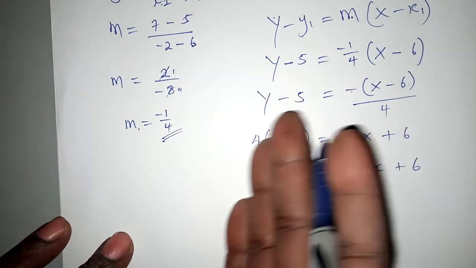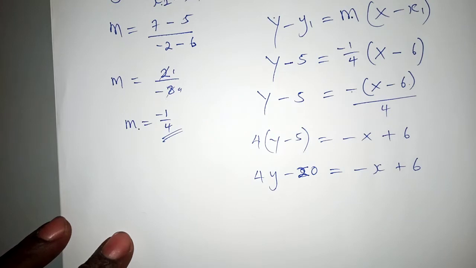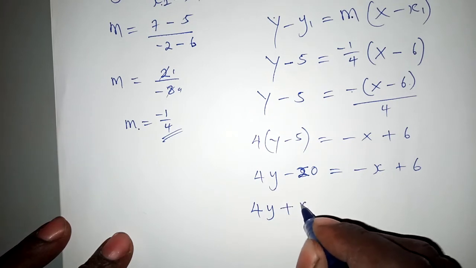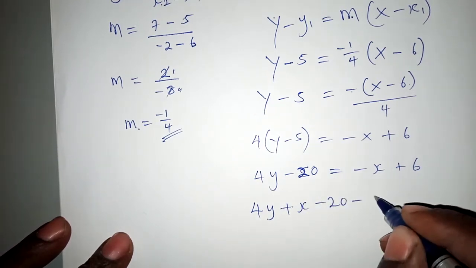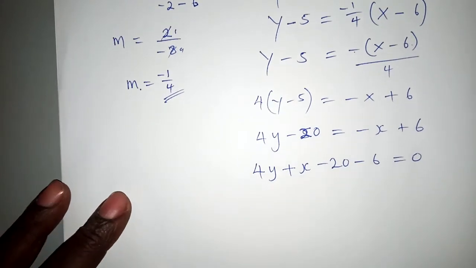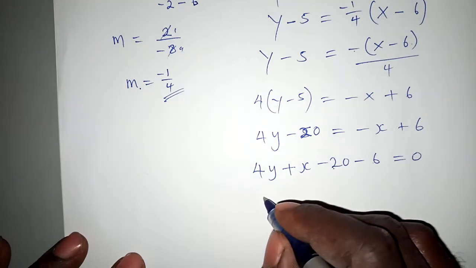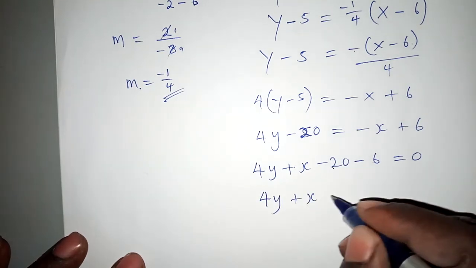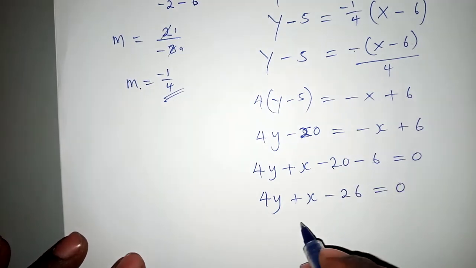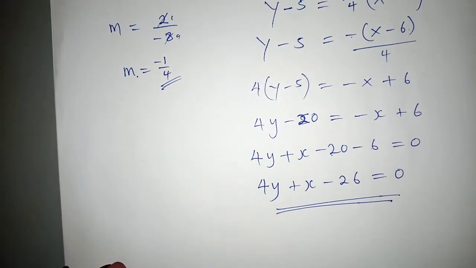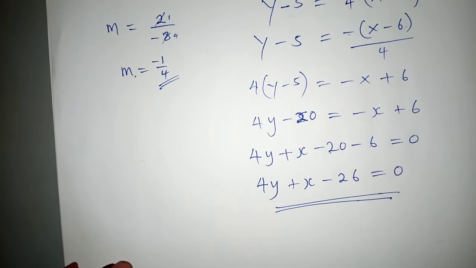Let me collect everything to one side so that we have 4y plus x minus 20 minus 6 equal to 0. So minus 20 minus 6 is minus 26. So we have 4y plus x minus 26 is equal to 0. This is the equation of the straight line that passes through these coordinate points. So this is the first part of the question.